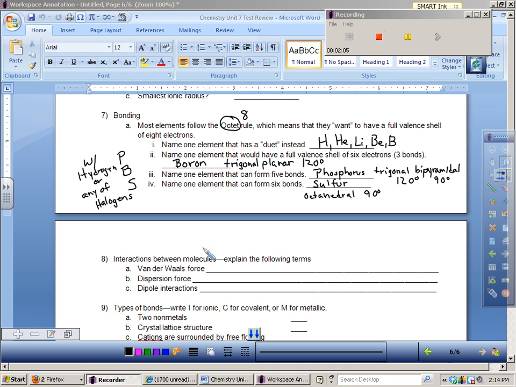If we move on and talk about the interactions between molecules, we said that van der Waals forces was the weakest of our intermolecular forces. Dispersion was going to be the force between nonpolar molecules.